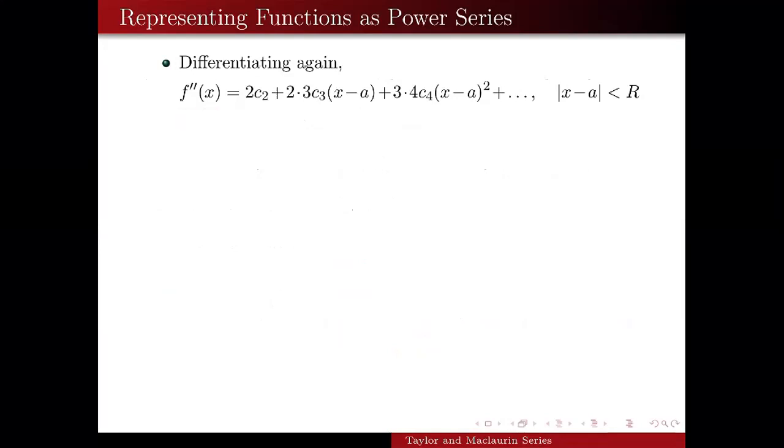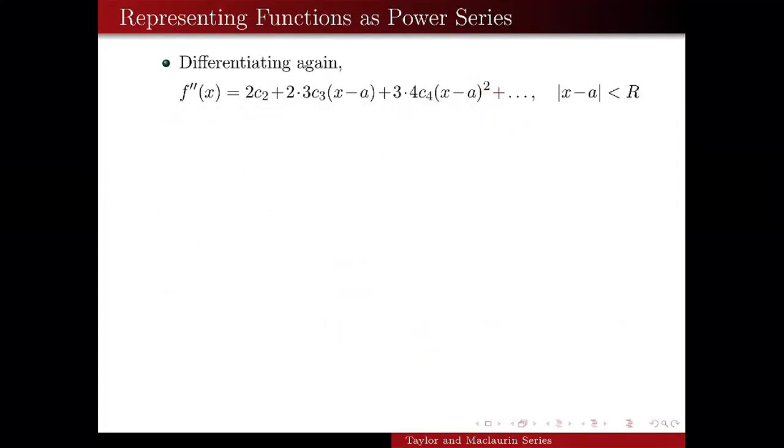F double prime of x is equal to 2c2 plus 2 times 3c3 times x minus a. Then the next term will be 3 times 4 times c4 times x minus a squared. The next term here will be 4 times 5c5 times x minus a to the power 3, and etc.